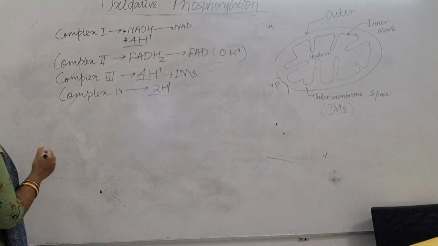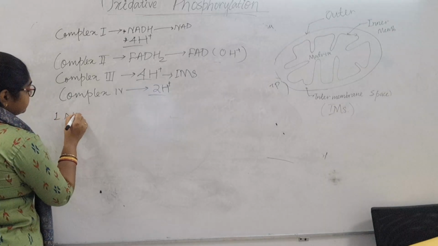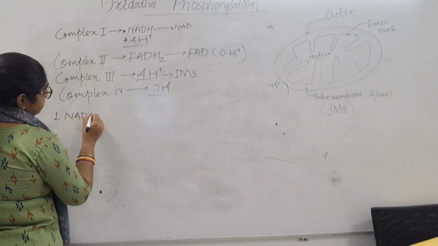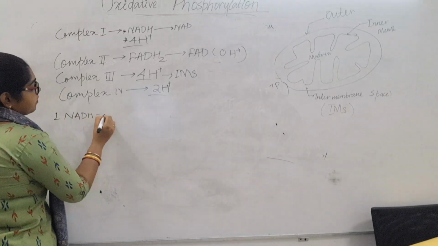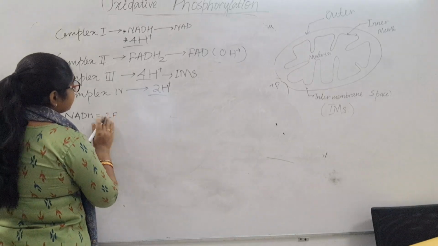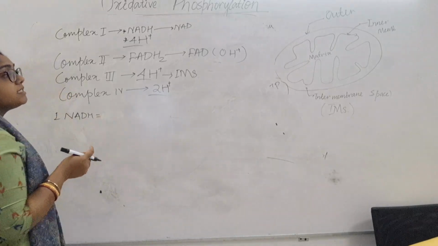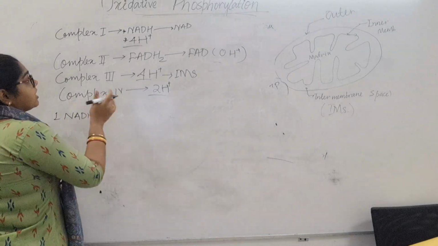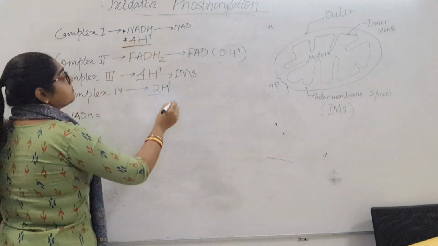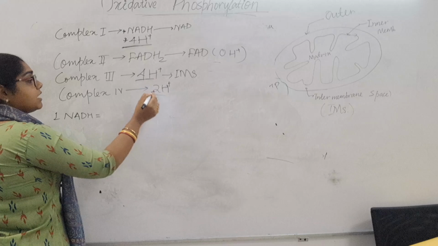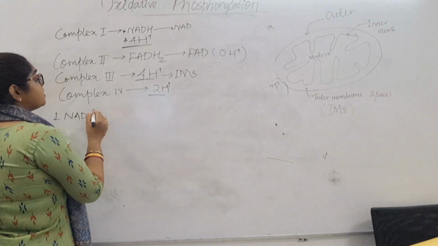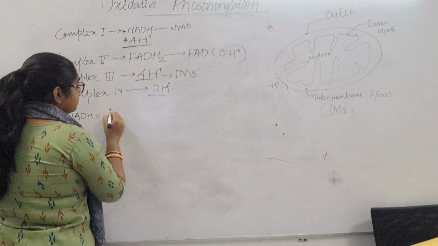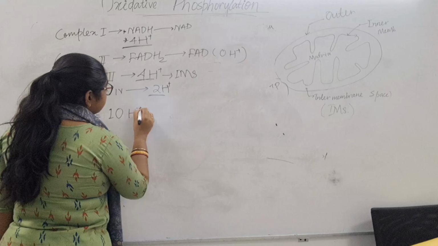That means for one NADH, which enters at complex 1, they transfer 4 protons, plus 4 protons from complex 3, plus 2 protons from complex 4. That means a total of 10 protons.